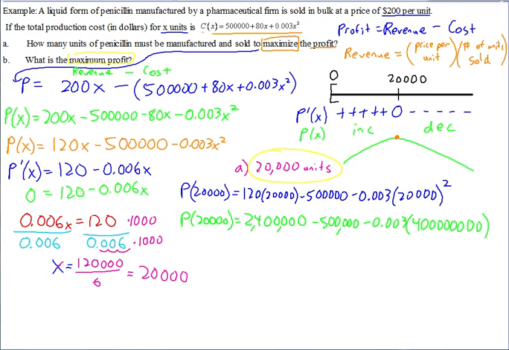Okay, so we keep working this out. 2,400,000 minus 500,000, that's 1,900,000. And then here, to make this one easier to solve, just think, well, if this was 3 rather than 0.003, that'd be easier.